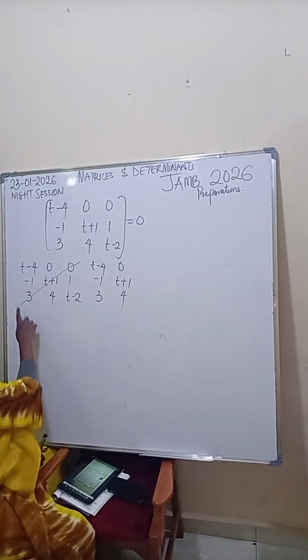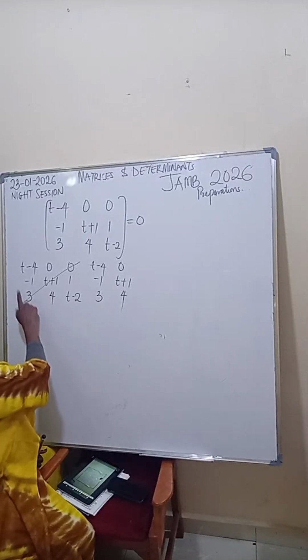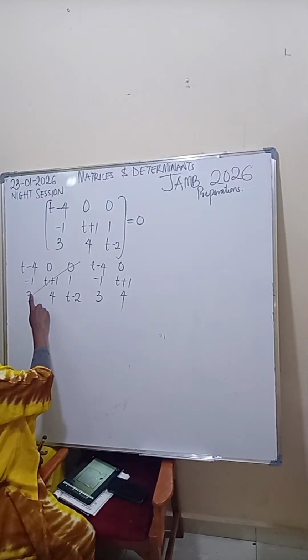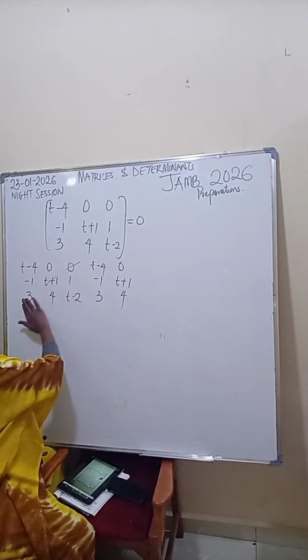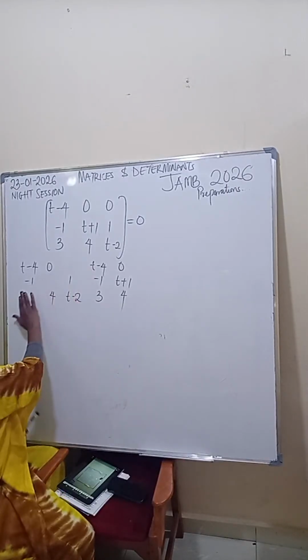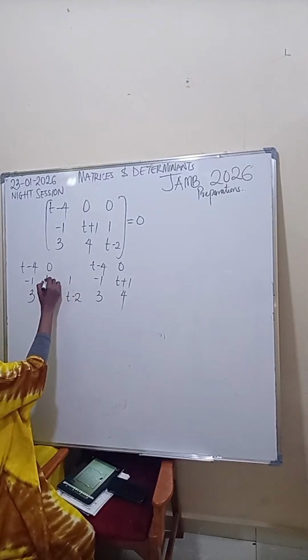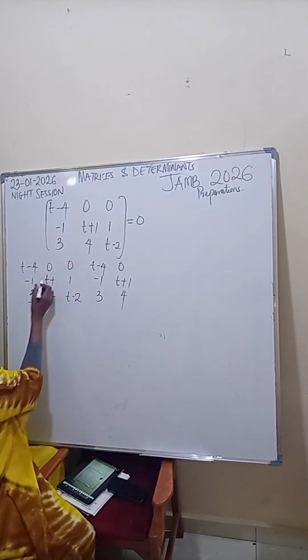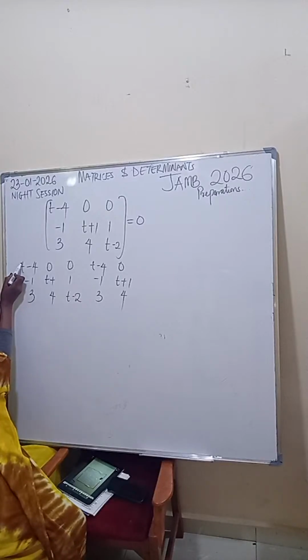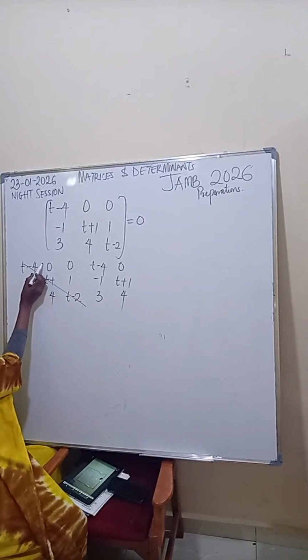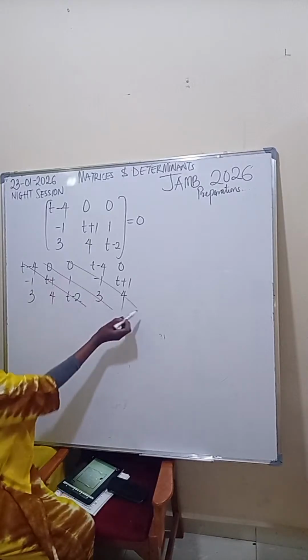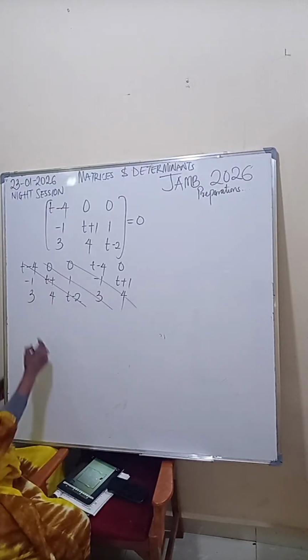Yes, this way. Here is t plus 1, 0. So we start from the t minus 4 like this, then 0 like this. Alright, so we multiply.